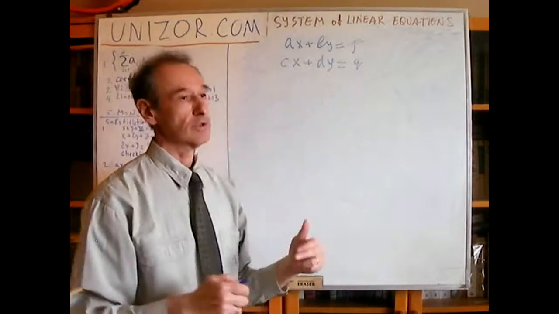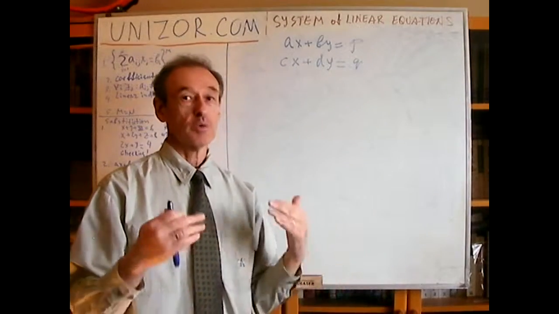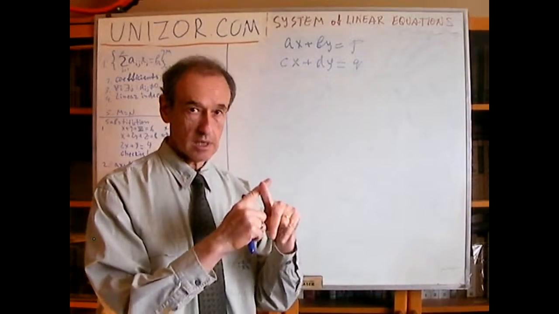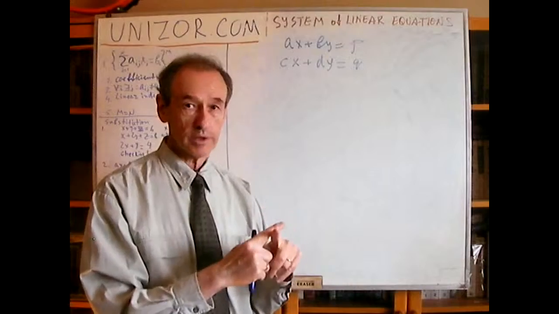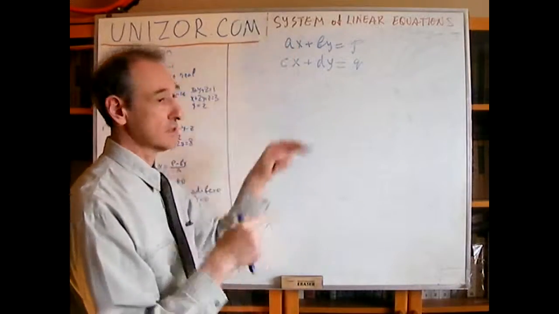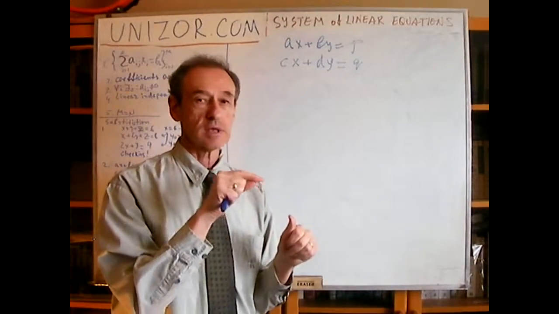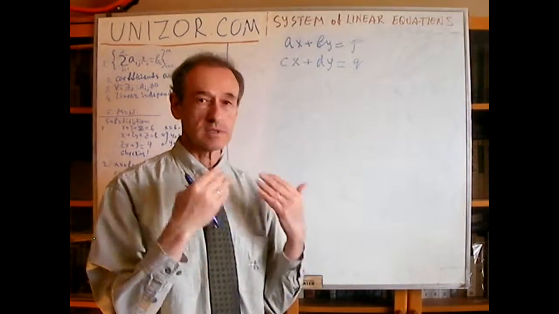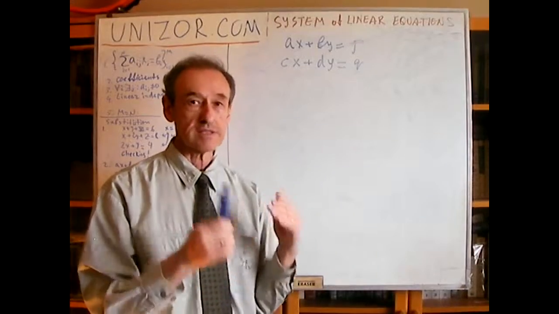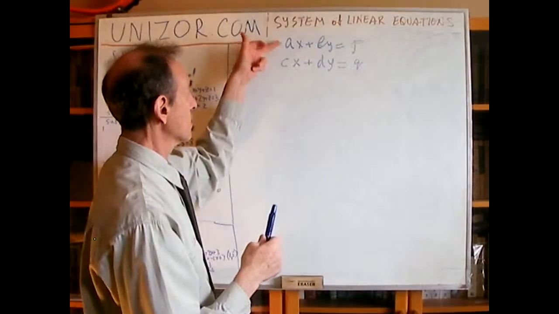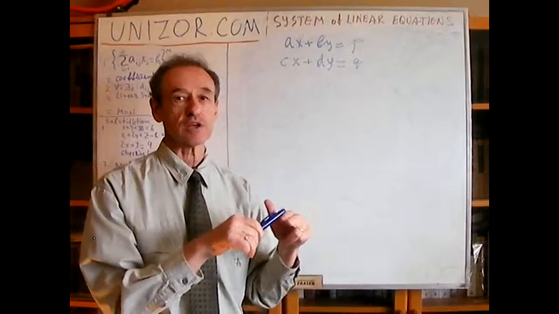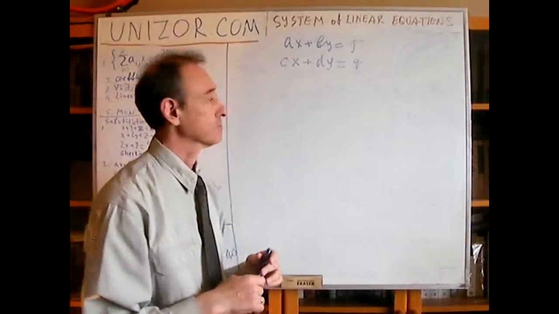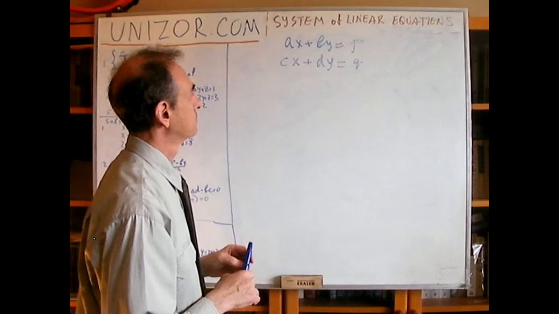On the second line, you have all the x and y pairs which satisfy the second equation, and only in case these lines intersect each other in one and only one point, you can say that this point of intersection has coordinates x and y satisfying both equations, because this intersection point belongs to both lines.